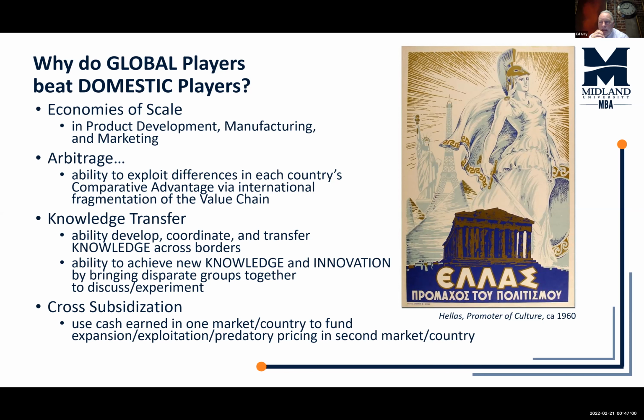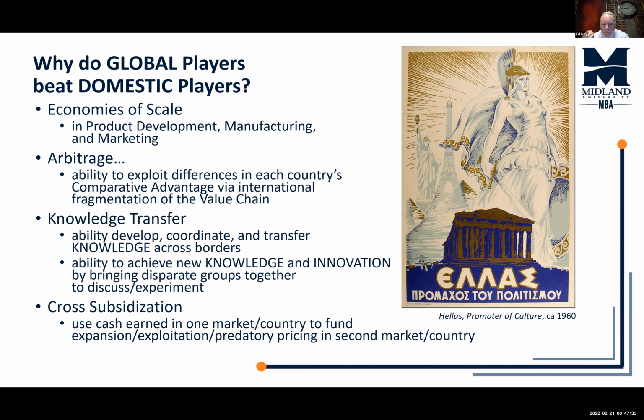Perhaps they are demands or needs that you did not think of, or that foreign consumer is very specific and requires a constant increase in the value, in the attributes of your product and service. So that is the ability to achieve new knowledge and innovation by bringing in different groups to discuss, to experiment, to look at your particular product or service.